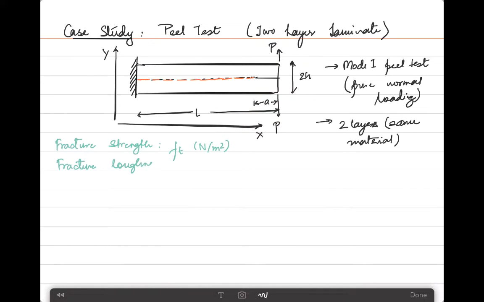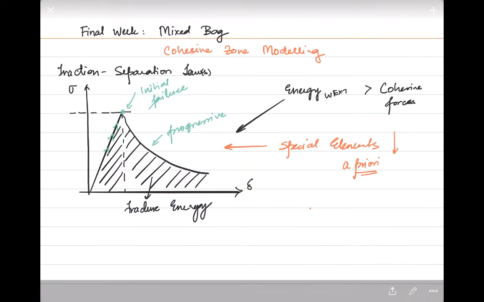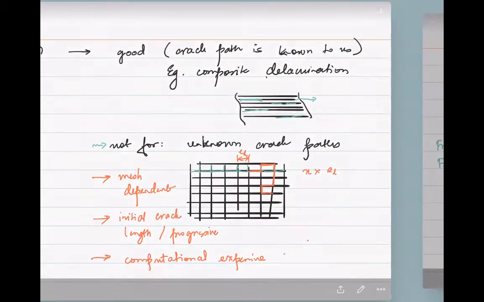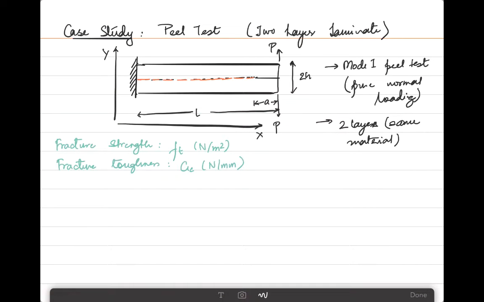These are the common terms that you require in order to set up your cohesive zone interaction, which are the inputs required for your traction separation curve, where GC is given in Newton per millimeter or Newton per meter. If you go back to the traction separation law example that I showed you, this would represent the fracture strength, and this area here would give you the fracture toughness. So these are the important parameters that you require for setting up your cohesive zone model.